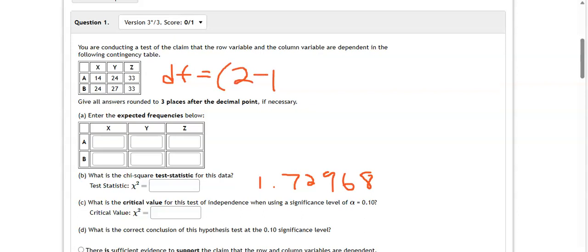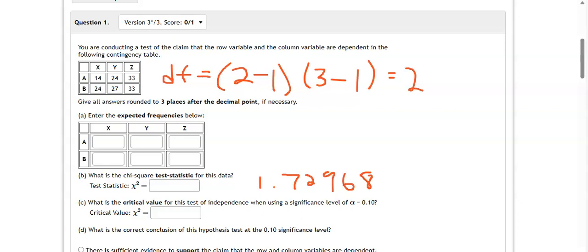And the number of columns, and we want to make sure that we don't include total columns, so those are separate columns without totals. So 3 minus 1. So that's 1 times 2. So our degrees of freedom are 2. So we have 0.10 as our significance level and 2 degrees of freedom.